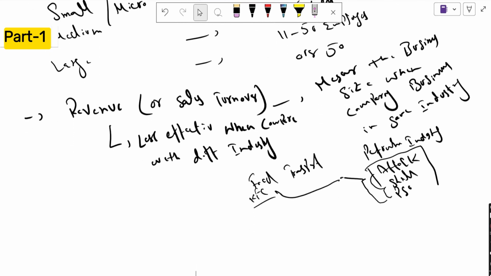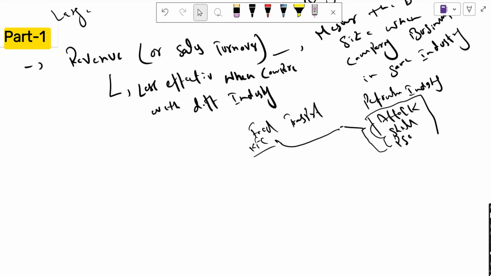Now, what other things do we have in revenue? Some firms might engage in high value production. Why is it less effective?